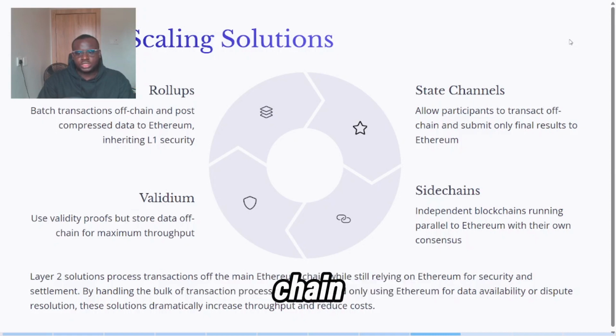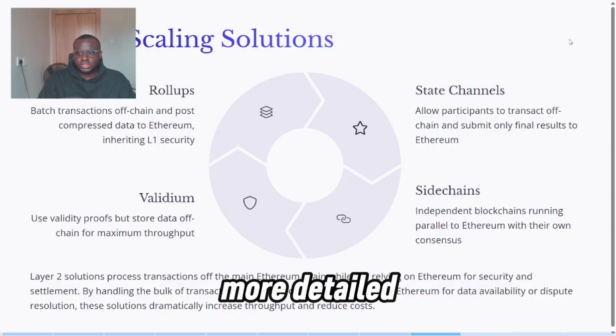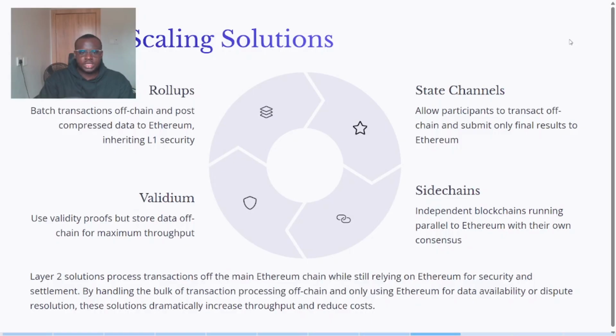And sidechains are independent blockchains that run parallel to Ethereum with their own consensus mechanisms. So these are the different kinds of scaling solutions in the Ethereum ecosystem. A more detailed analysis would be included in the LMS, so you'll get a better understanding of everything we're talking about in this module.